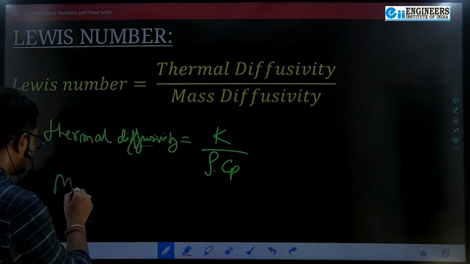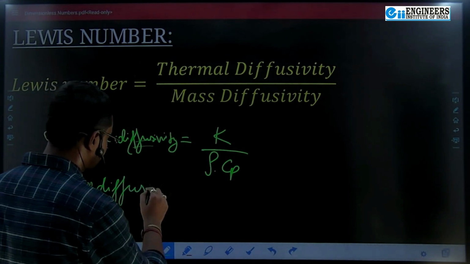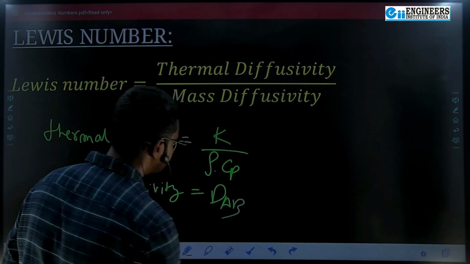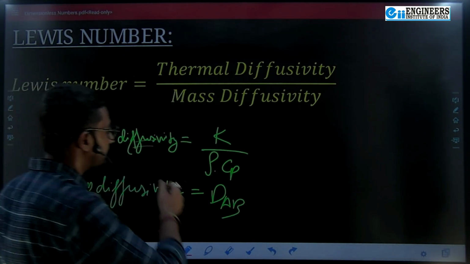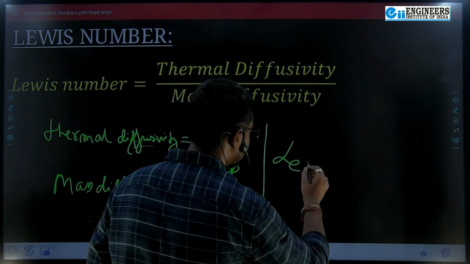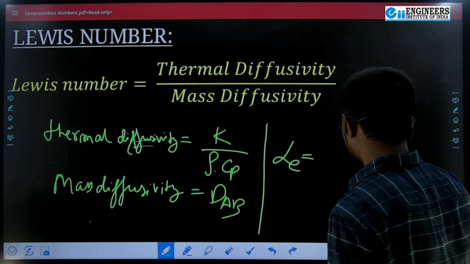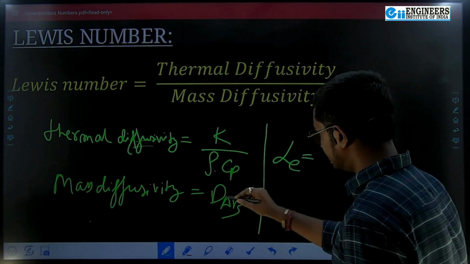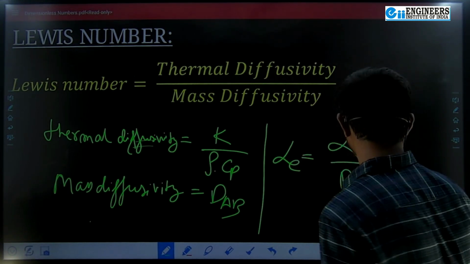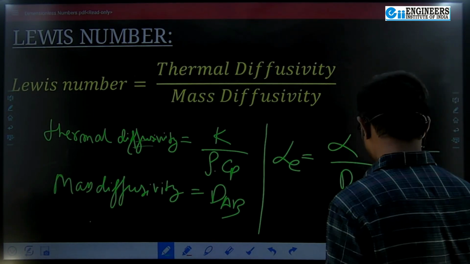And mass diffusivity, you know, there is no need to write it, but still I am just writing it. Mass diffusivity is equal to DAB. So from here our Lewis number turns out to be thermal diffusivity, that is alpha, divided by DAB, that is mass diffusivity, and this alpha in turn is defined by K divided by rho Cp, divided by this DAB.